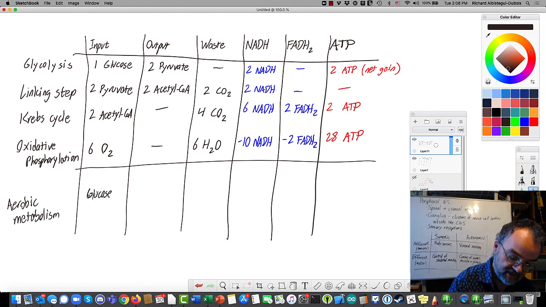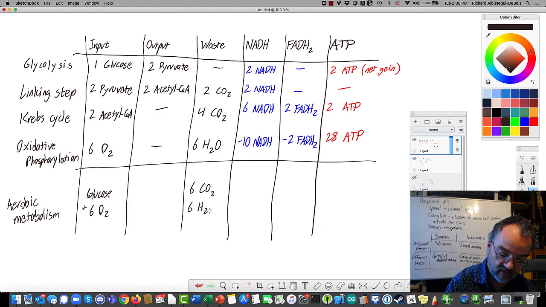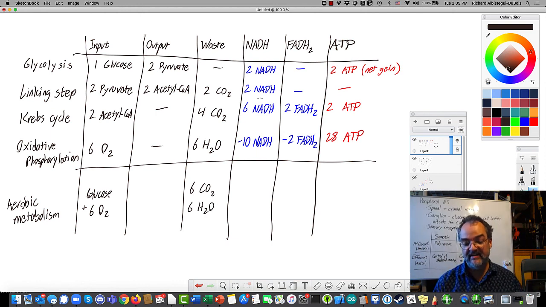That should be a G, not a 6. And 6 oxygen. The waste produced was 6 carbon dioxide and 6 water. Total NADH balanced out in the end, as did FADH2. And in the end, we made about 32 ATP.